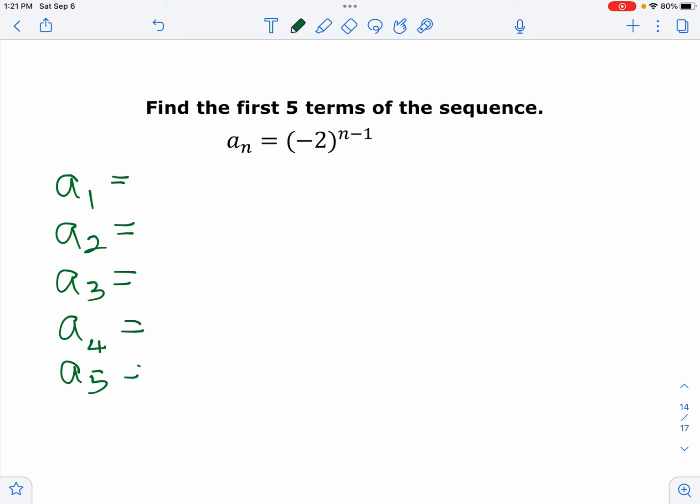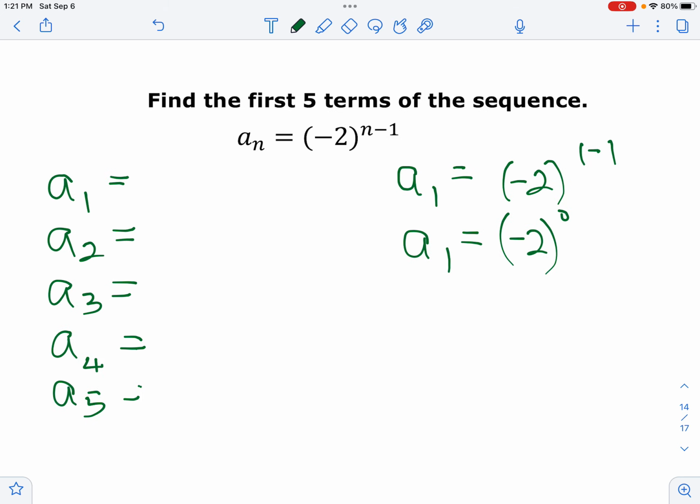All right, now according to this one, it's a power, right? So I have to go, let's see, a sub 1 equals negative 2 to the 1 minus 1 power. A sub 1 is negative 2 to the 0 power.